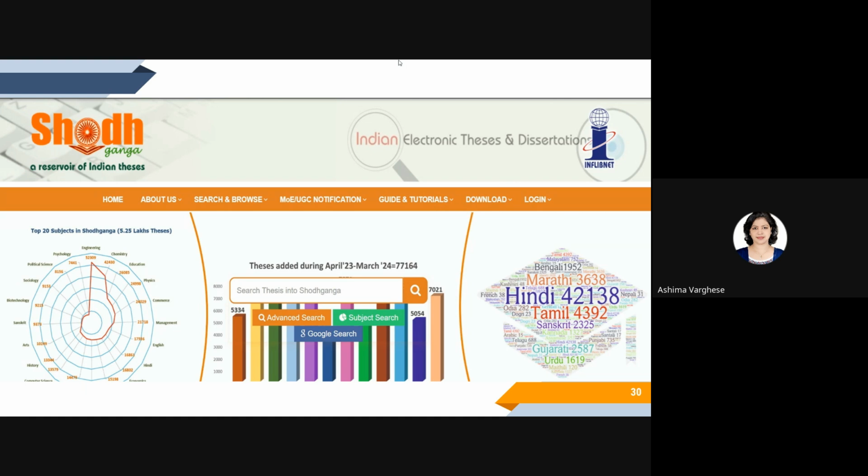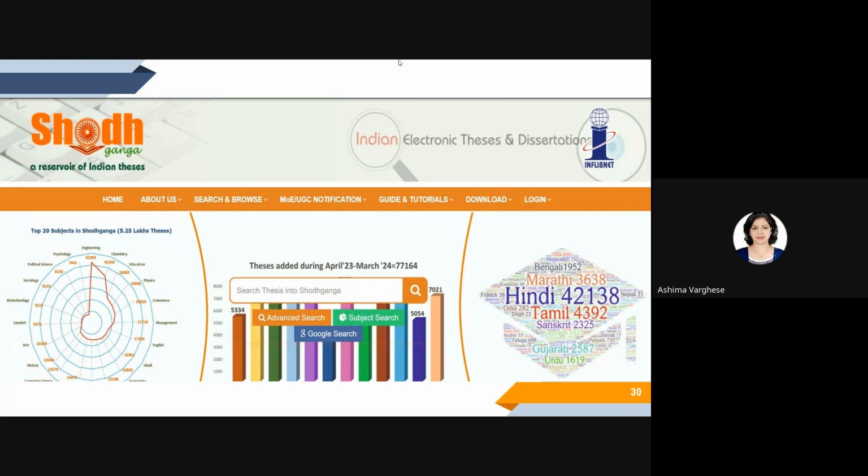What I would rather say, this is an Indian digital repository of theses and dissertations which are submitted to Indian universities. See, this is having MOUs, Memorandum of Understanding, with different Indian universities.